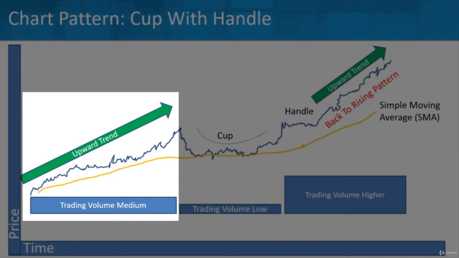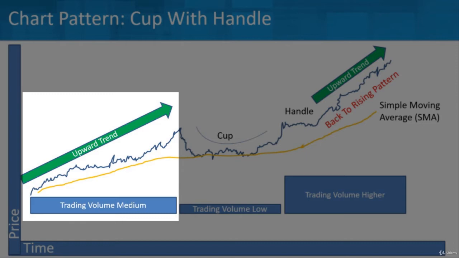Some securities trade a lot all the time compared to others, but you're looking at this particular security's horizontal or vertical bars at the bottom. Let's say this blue part represents that range of volume, and it's a medium volume, right? So it's on a nice upward trend, nothing exciting happening, but it's a good upward trend.